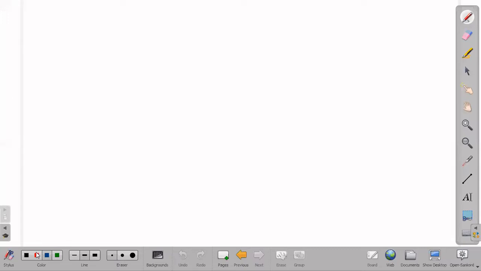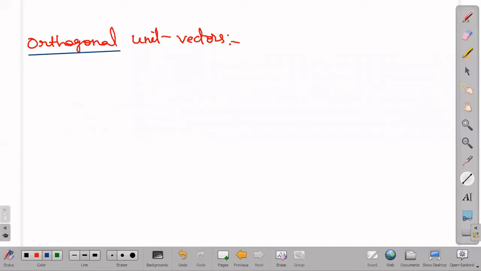In these orthogonal unit vectors, we will take coordinate axes, so a three-dimensional concept we will be taking.